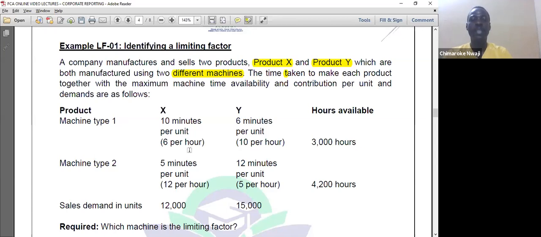For product X, it says you can make product X in 10 minutes. So what does 10 minutes translate into in hours? If 60 minutes make 1 hour, then how many hours will 10 minutes be?